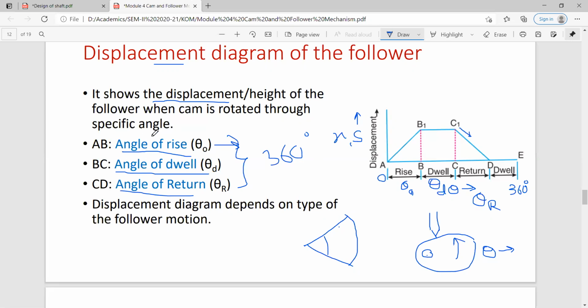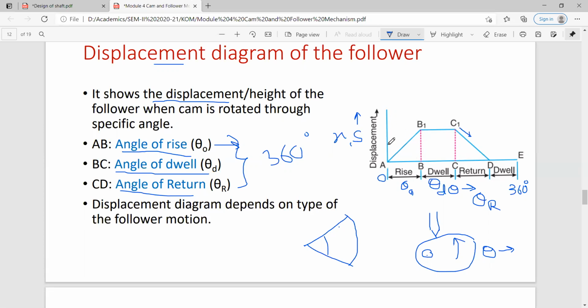You need to remember these angles and their importance, because every time you construct the cam profile, the cam surface, you first have to draw the displacement diagram, and then move to draw the cam profile. This displacement diagram depends on the type of follower motion.